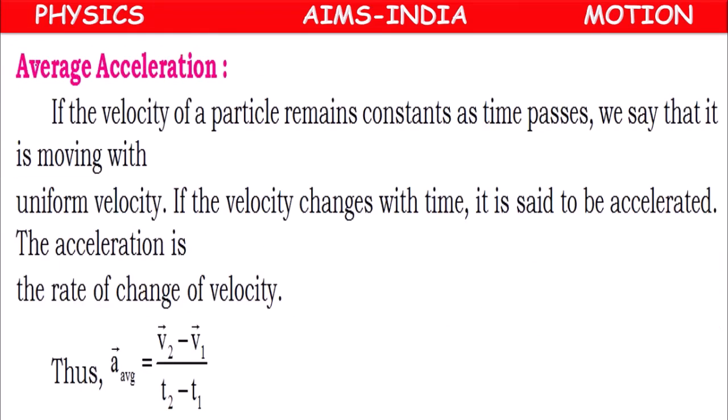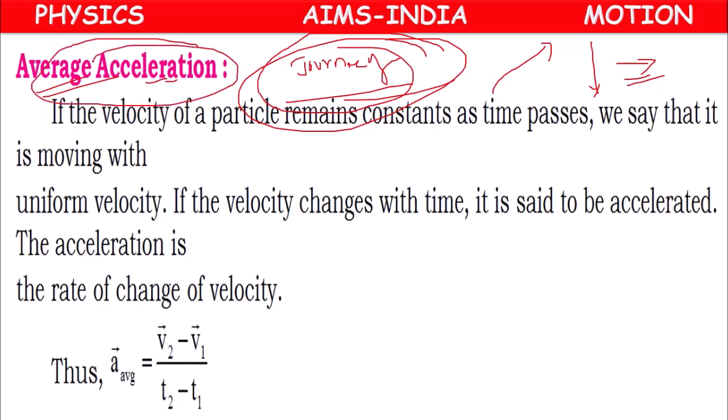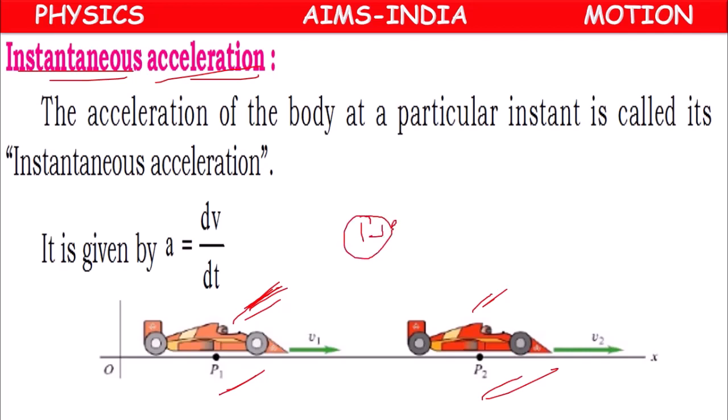So average acceleration will be taken for the total journey. For the total journey, the velocity may increase, decrease, or remain constant. So overall, for the total journey, we always consider average acceleration. Sometimes we will come across instantaneous acceleration, because if you observe car racing, the winner will be decided in a time gap of 1 second.